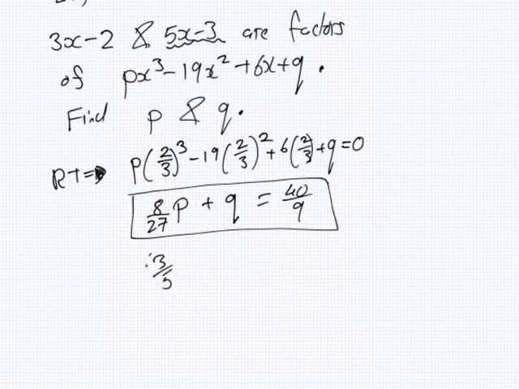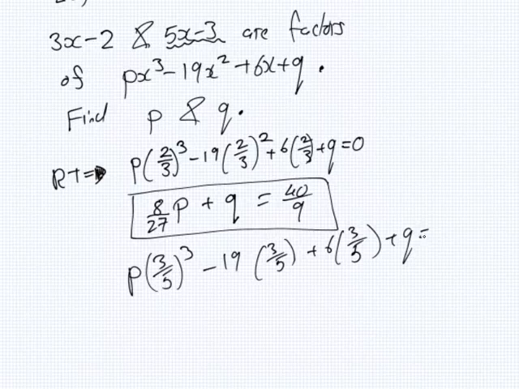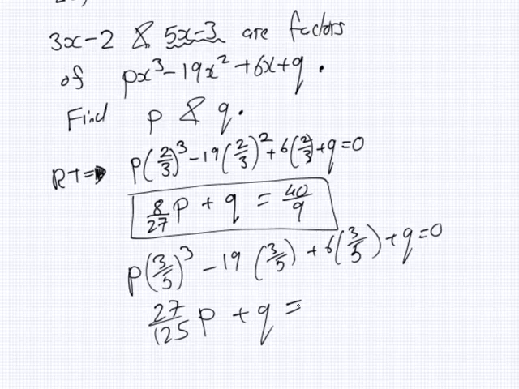3 over 5 cubed times P minus 19 times (3 over 5) squared plus 6 times 3 over 5 plus Q equals 0. Yeah? 27 over 125 P plus Q equals, alright, careful now, 19 bracket 3 over 5 squared minus 6 bracket 3 over 5.